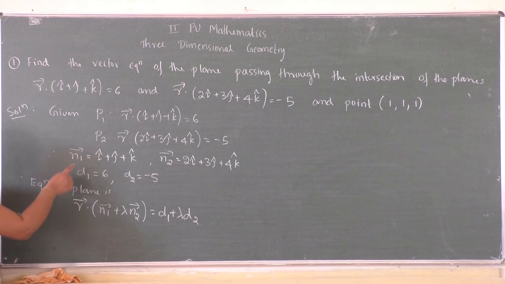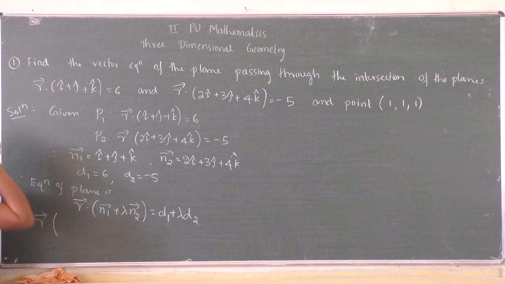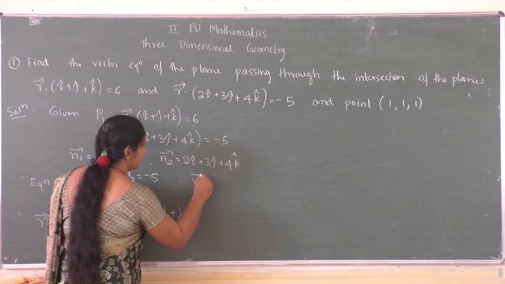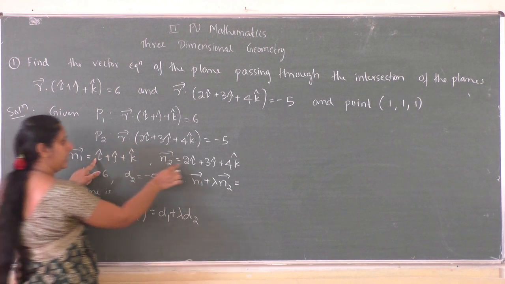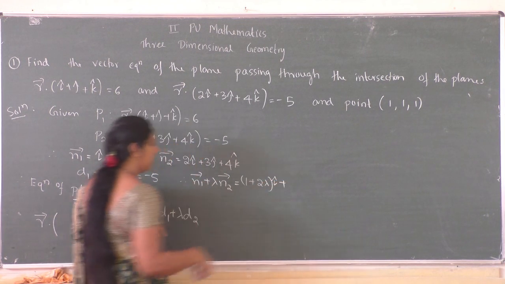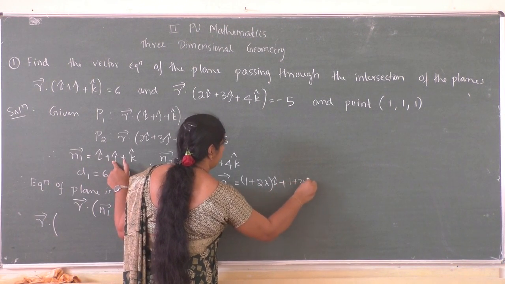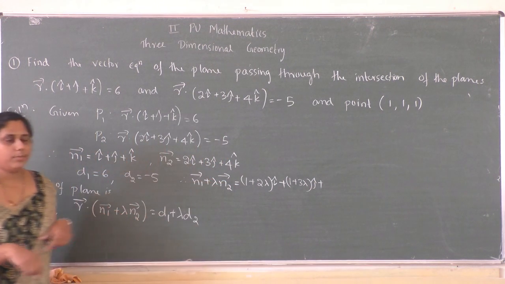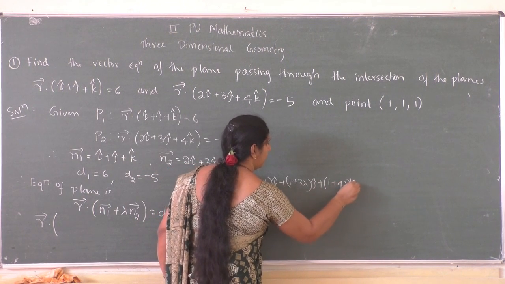Now we will find what n1 vector plus lambda times n2 vector is. n1 is i cap plus lambda times 2i cap, so it becomes 1 plus 2 lambda i cap, plus j cap plus lambda times 3j cap, that is 1 plus 3 lambda j cap, plus k cap plus lambda times 4k cap, so this is 1 plus 4 lambda k cap.